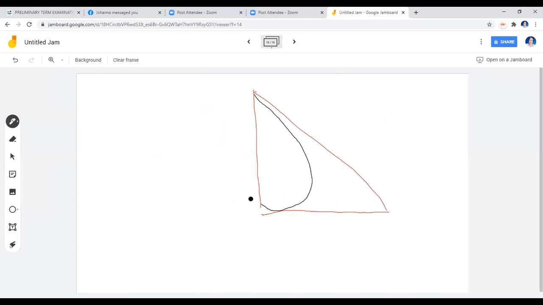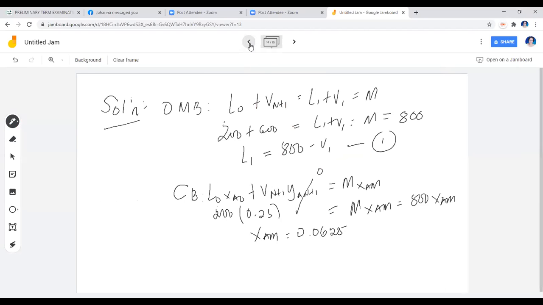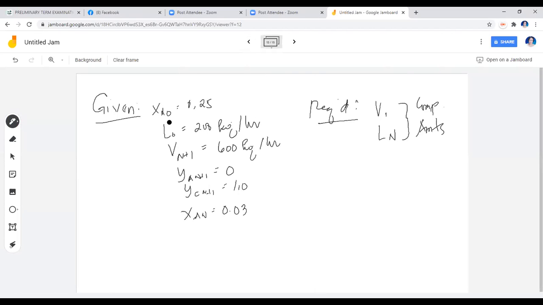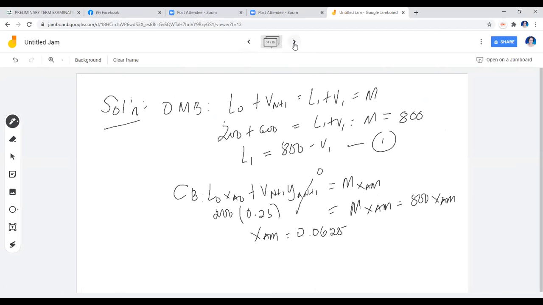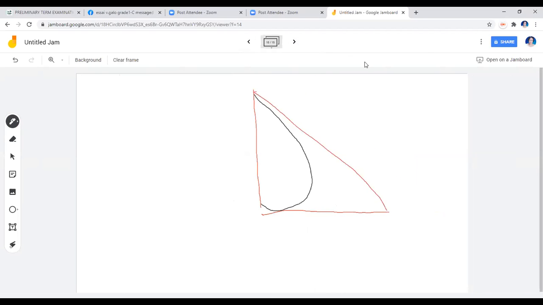Okay, never mind. It should never be touching there. I'm just showing to you the procedure of how we do it. Next, first thing you do is you plot the L0. How do you plot the L0? You simply get the composition of A in the L0, and then it's right on the x-axis. You put it right on the x-axis. So 0.25, I will just approximate.